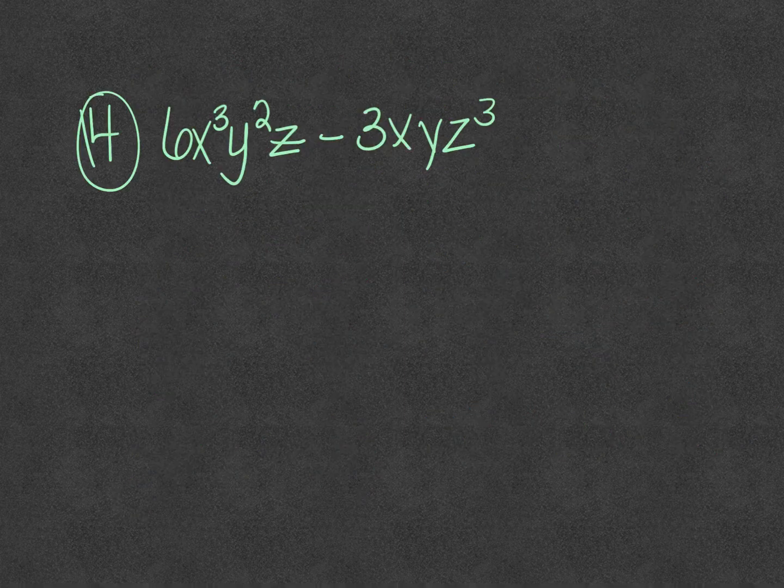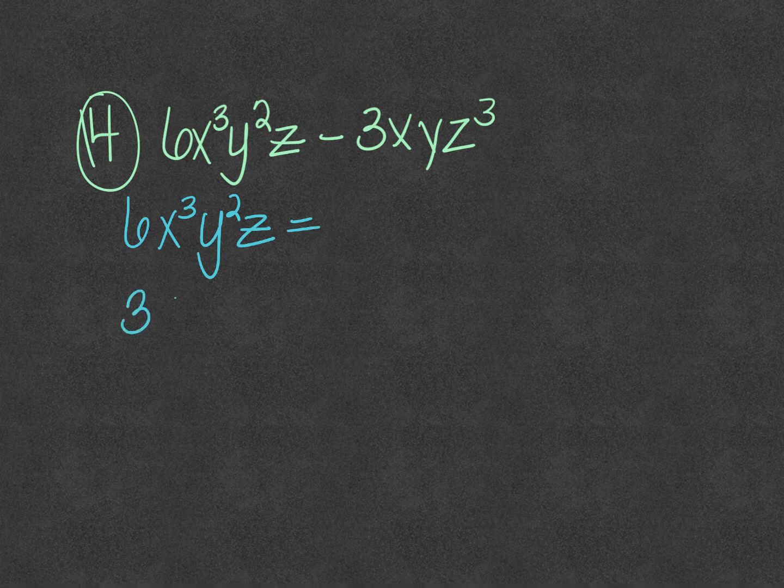All right, number 14. A little harder, but that's okay. So we have 6x to the third y squared z and 3xyz to the third.